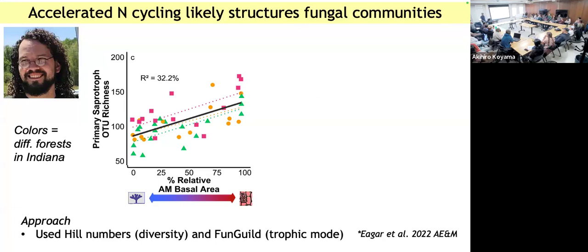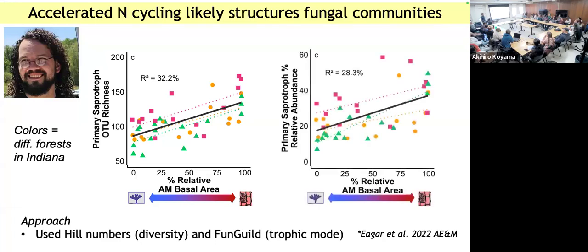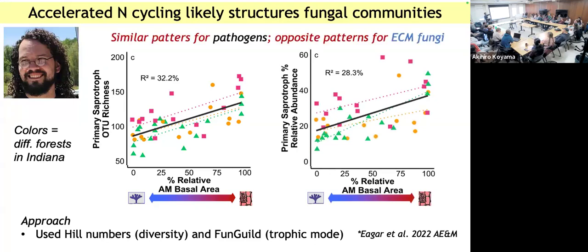This is of the saprotrophs. This is of the relative abundance of the saprotrophs. And then I won't present them here, but we saw almost identical patterns for pathogens, and then the opposite patterns, meaning a negative slope for ECM fungi, meaning that as you increase the abundance of AM trees, you have a decline in the abundance of ectomycorrhizal taxa that you pick up in your sequencing.